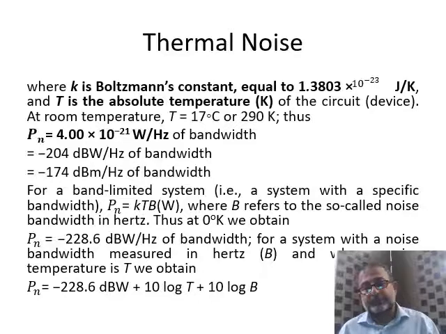And if we convert the formula kTB, which gives us the result in watts, to dBs, then we get the following form of this formula. It would be Pn is equal to minus 228.6 dBW plus 10 log of T plus 10 log of B.